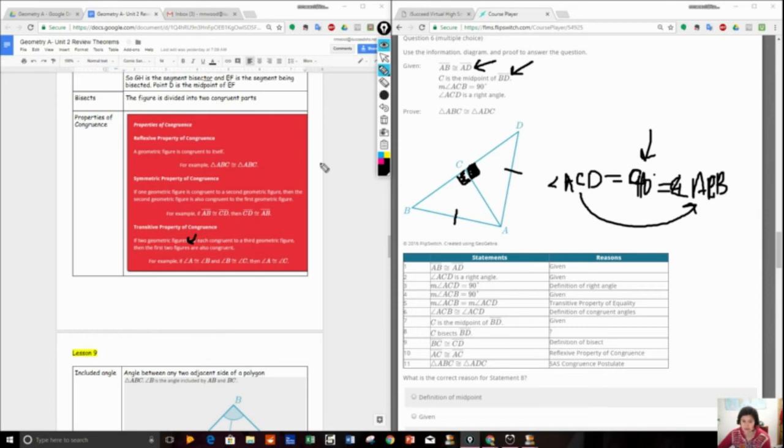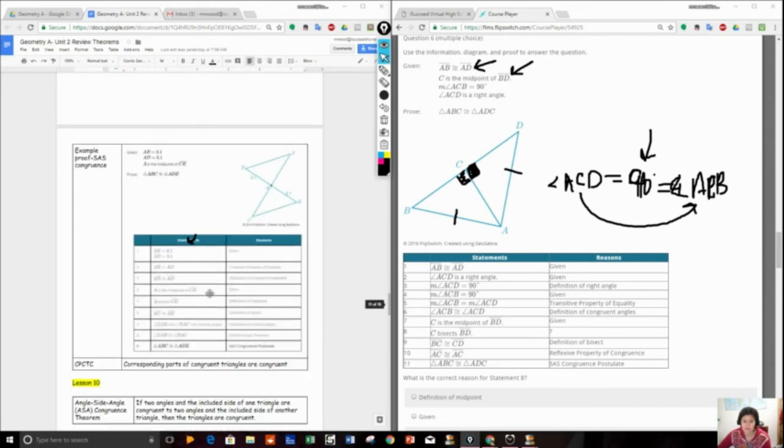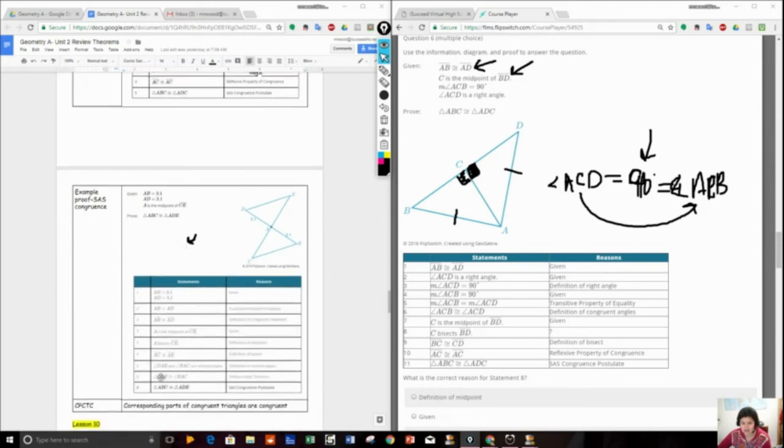So I'm going to look at our example proof and see, because they had the midpoint. Okay. And I'm looking at statement 4 in my example, and it says A is the midpoint of CE, given. That's very similar to our statement 7. C is the midpoint of BD, given.